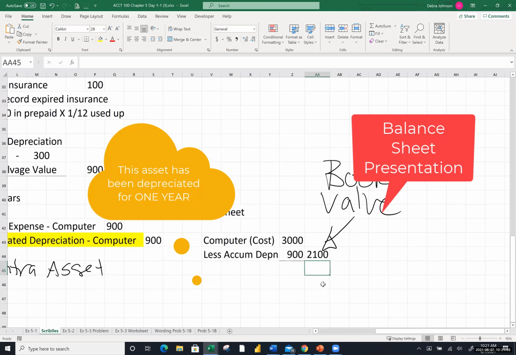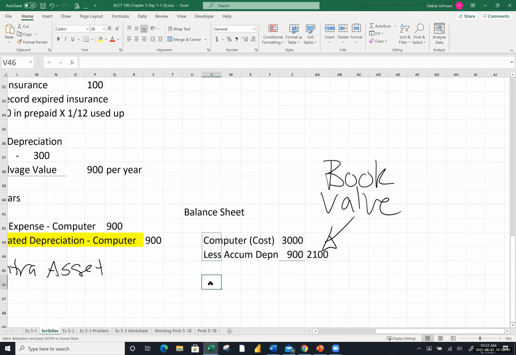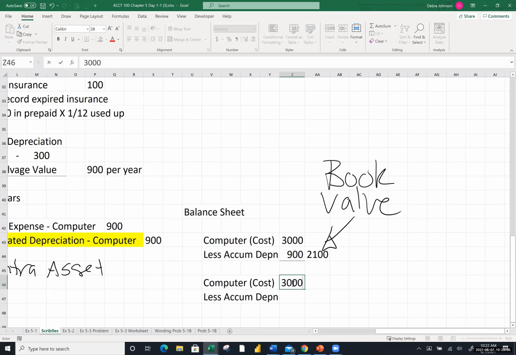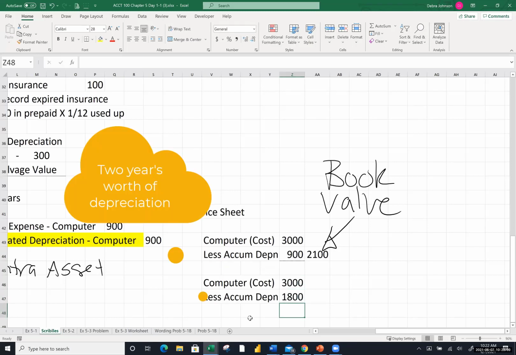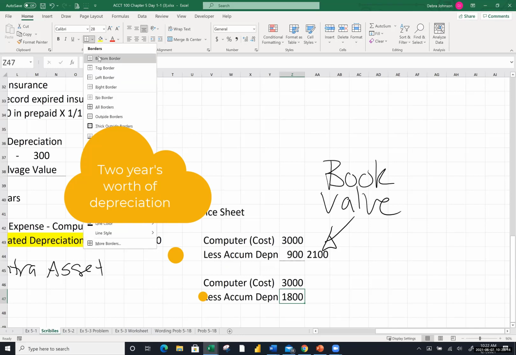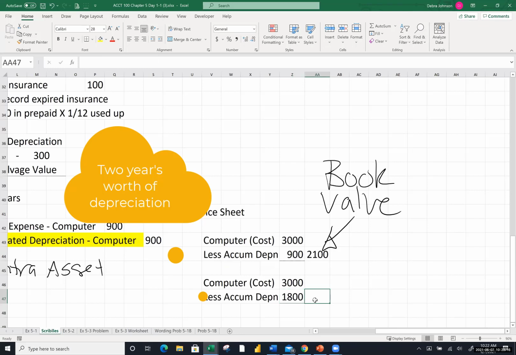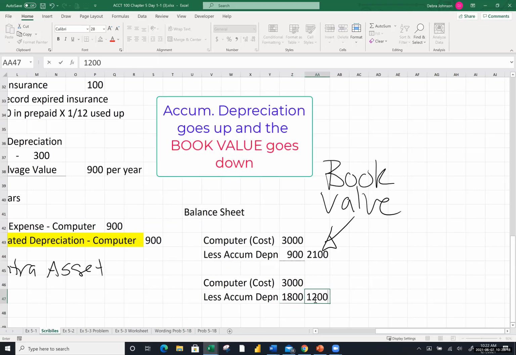What's going to happen next year, see if you can follow this, is next year, I'm going to copy this down, your computer is still going to have a cost of $3,000, but next year it's going to have 2 years' worth of depreciation. So what happens is that accumulated depreciation keeps going up, up, up, and that book value keeps dropping each year.